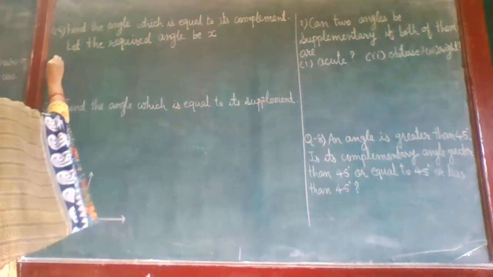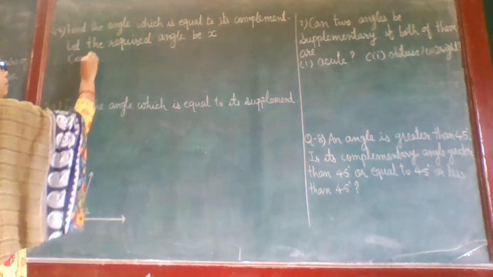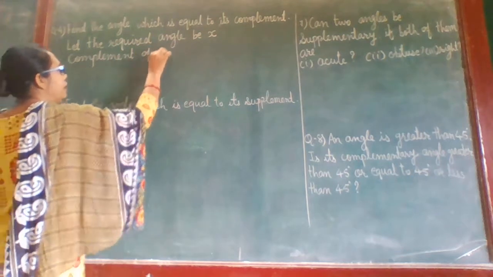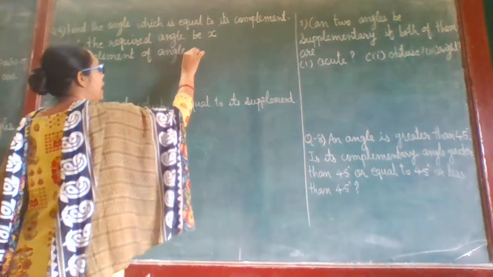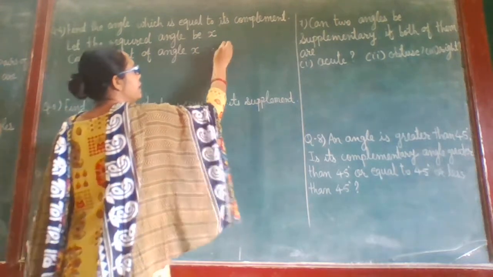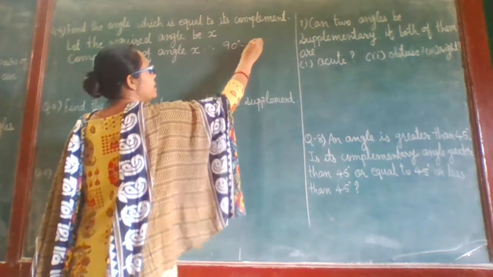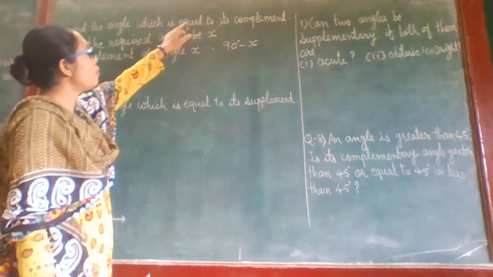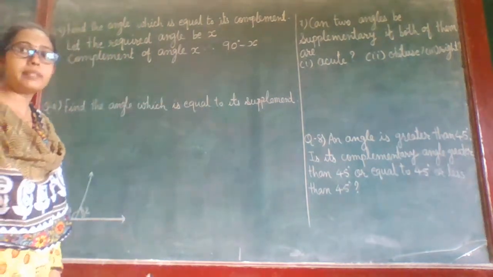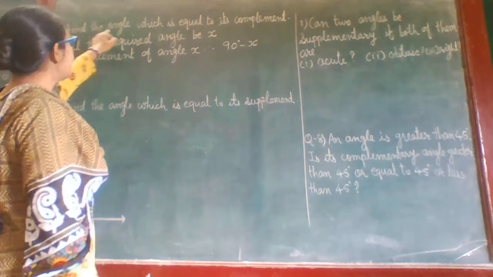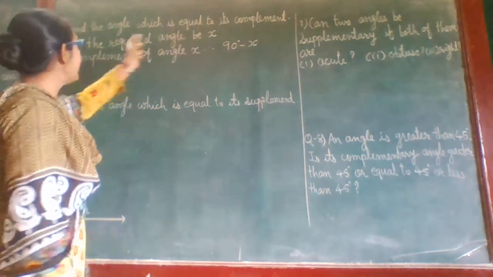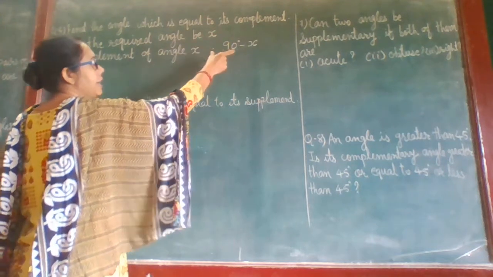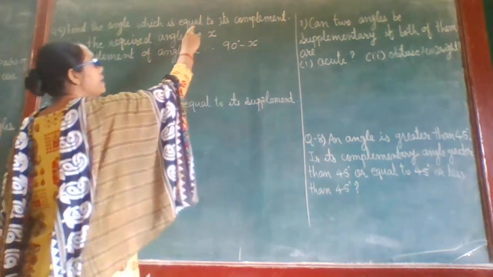So the complement of angle x is 90 degrees minus x. Here it is given to us that x is equal to its complement. Here it is written, find the angle which is equal to its complement. So here we have taken an angle x, its complement angle is 90 degrees minus x, and here also it is given to us that x is equal to its complement.